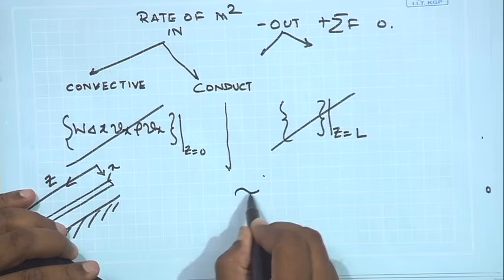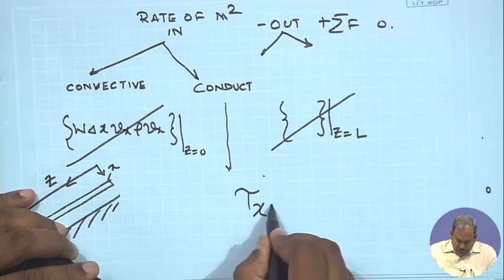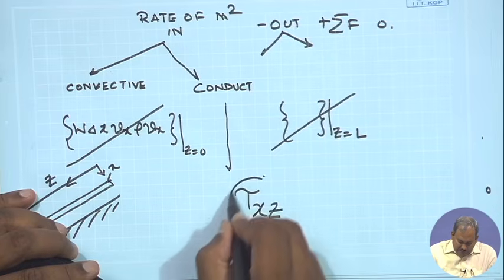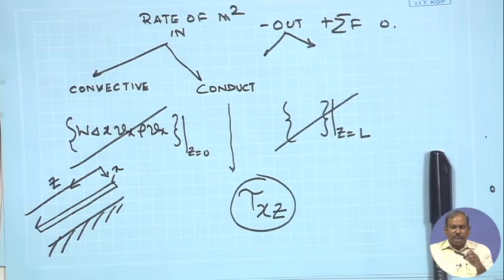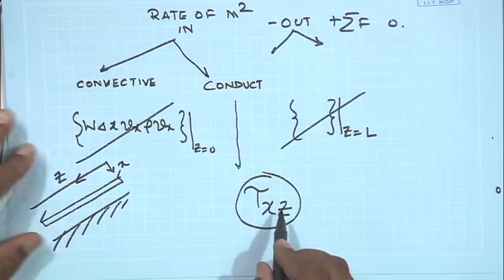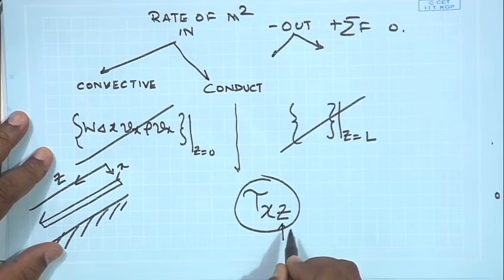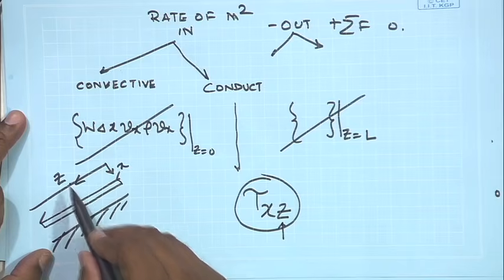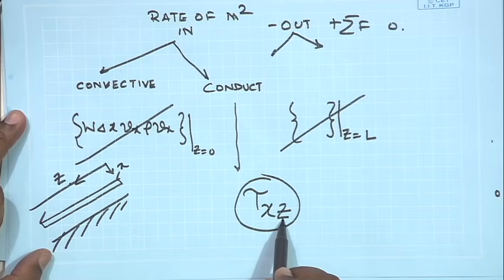So, when I talk about the conductive or molecular transport of momentum, I understand that the shear stress that I am going to associate is tau xz. What does this tau xz mean? This shows that it is principally the z component of momentum, due to viscosity, that gets transported in the x direction, which is obvious.